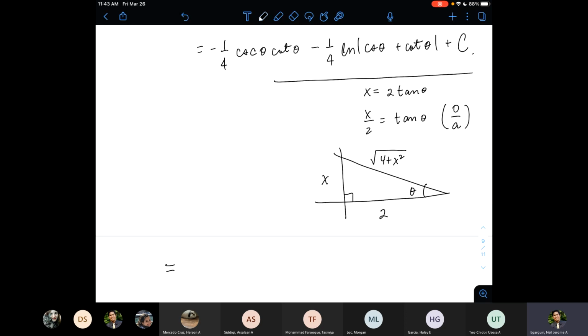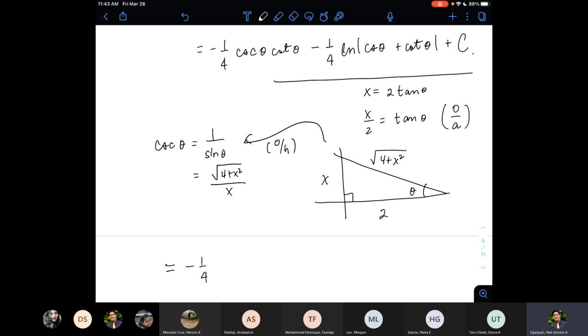You'll have -1/4. Let's look at the triangle. Cosecant theta is 1 over sine, and sine is opposite over hypotenuse, so cosecant is hypotenuse over opposite.